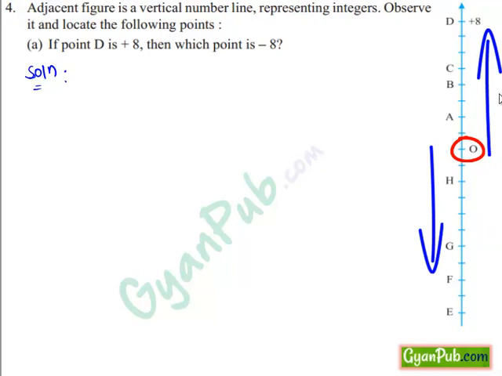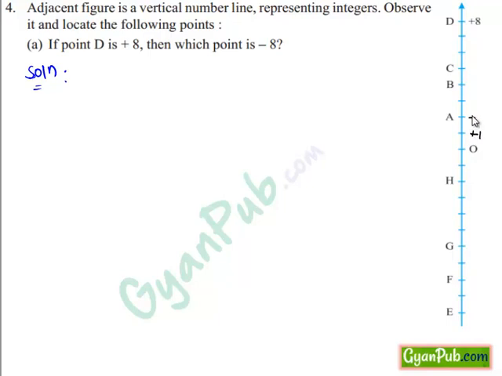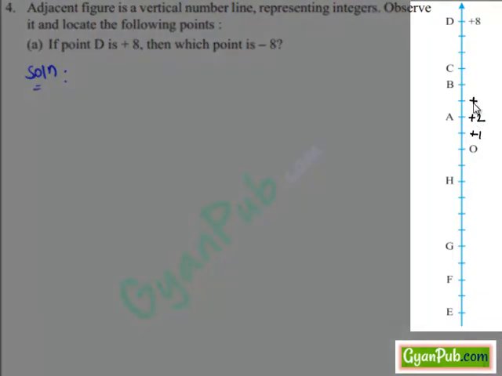Above 0 are positive integers and below 0 are negative integers. So, mark all the integers with their respective points. Here, one step above 0 is plus 1, then plus 2, plus 3, plus 4, plus 5, plus 6 and plus 7.